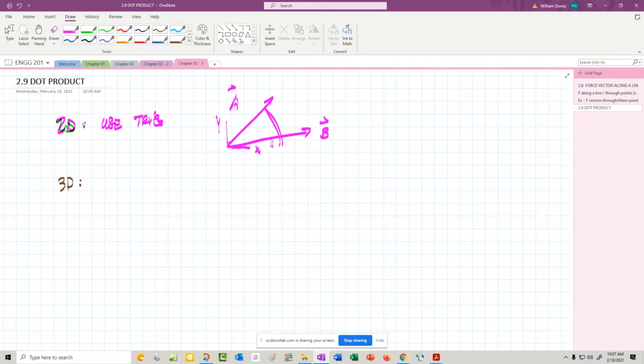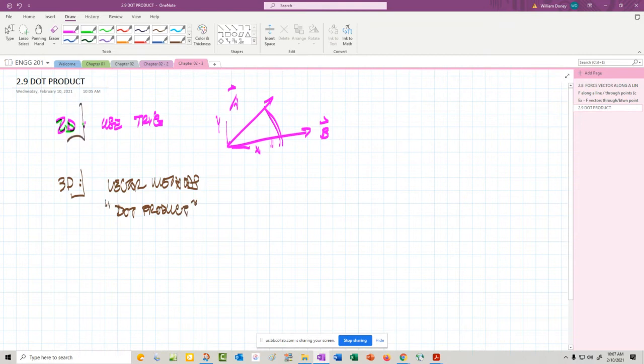Especially with cross product stuff like that, the vector methods are just way easier. So if you can just embrace 3D and force yourself to really understand it, it'll make life simpler in the end. Anyway, so in 3D, we're going to use vector methods, and this is just one of them, which is the dot product.